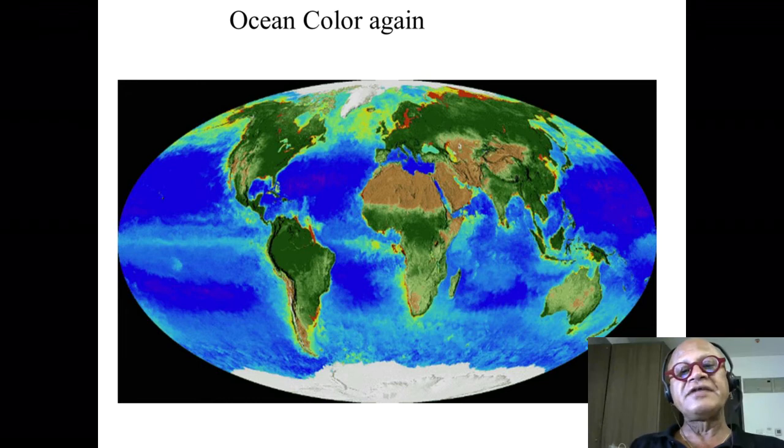Just to look again at the seasonal cycle of the biosphere, we have the high spring productivity in the polar regions. Remember those productivity seasonalities. Nutrient is not limiting here. Light is limiting. So when the sun comes up in the spring, there are huge blooms.